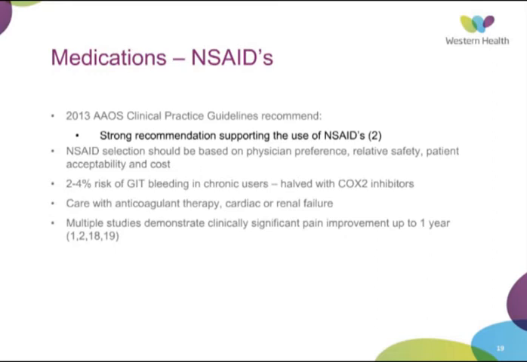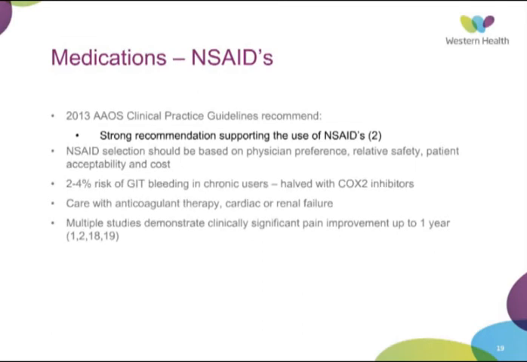Anyone who's had GI bleeds in the past, you need to be careful. We know there's a 2 to 4% risk of having a bleed from long-term use, and that risk is higher with COX-2 inhibitors. You need to be careful with those who are on anticoagulant therapy and who have cardiac or renal failure. But we know that for up to greater than a year, non-steroidal anti-inflammatories reduce pain, and more so than function, but help with both.